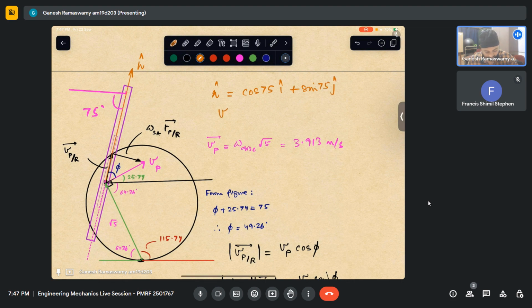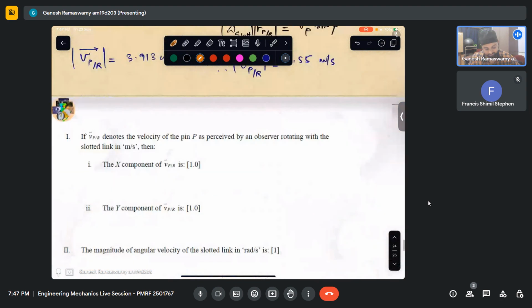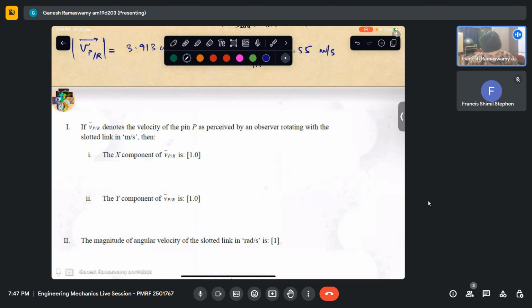So the velocity of P with respect to r vector can be written as the magnitude into n cap. We know both of them, hence we can write this. It will be nothing but 2.55 into cos 75 i plus sin 75 j.